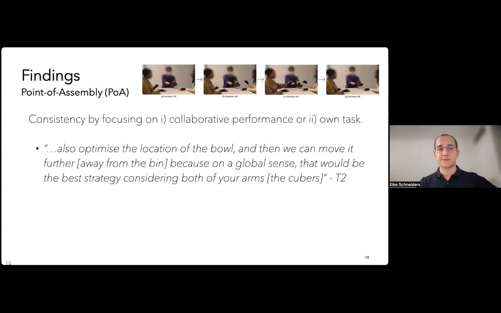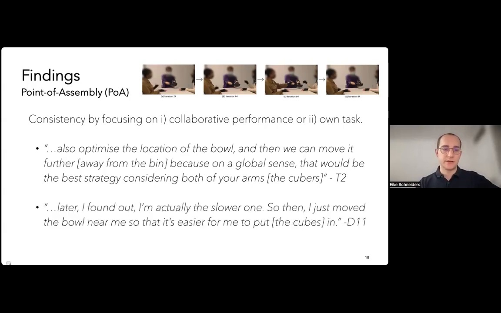Yeah, the second strategy, which emphasized a conscious choice at making the task easier for oneself, was, for instance, described by the bowler in Dyad 11. And here the bowler stated that, later I found out I'm actually the slower one. So then I just moved the ball near me so that it's easier for me to put the cubes in.